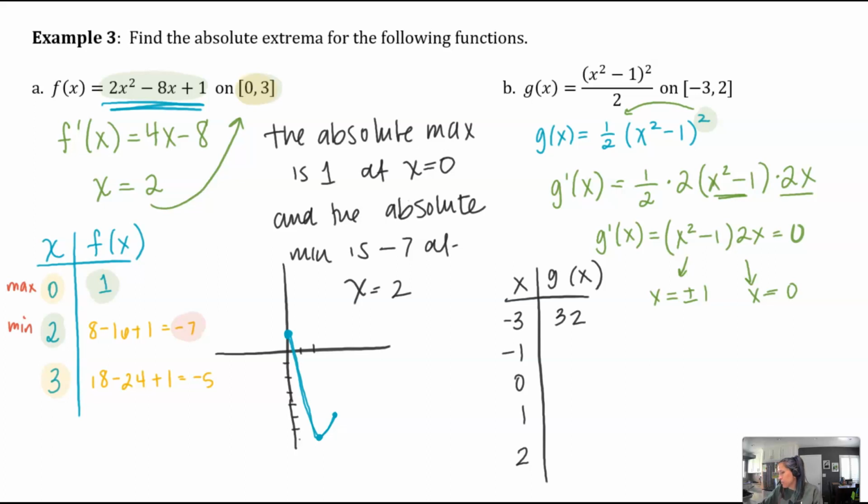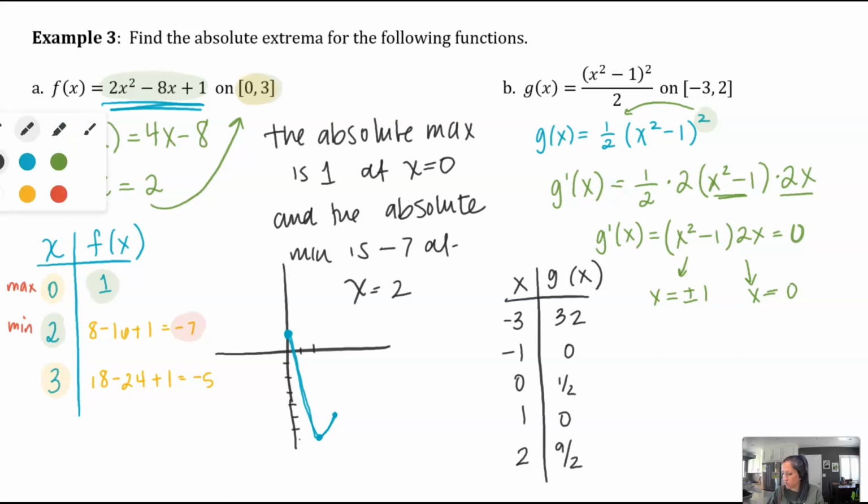All right. 1 minus 1 is 0. Whew, thank you. 0 minus 1 is -1. Squared is a +1. Cool. 1 minus 1 is still 0. And we have 4 minus 1, that's 3, 9/2.